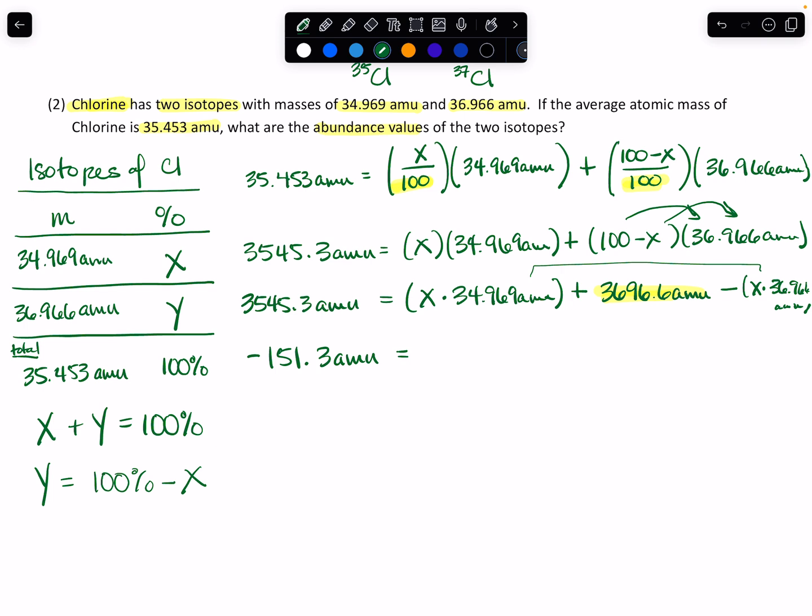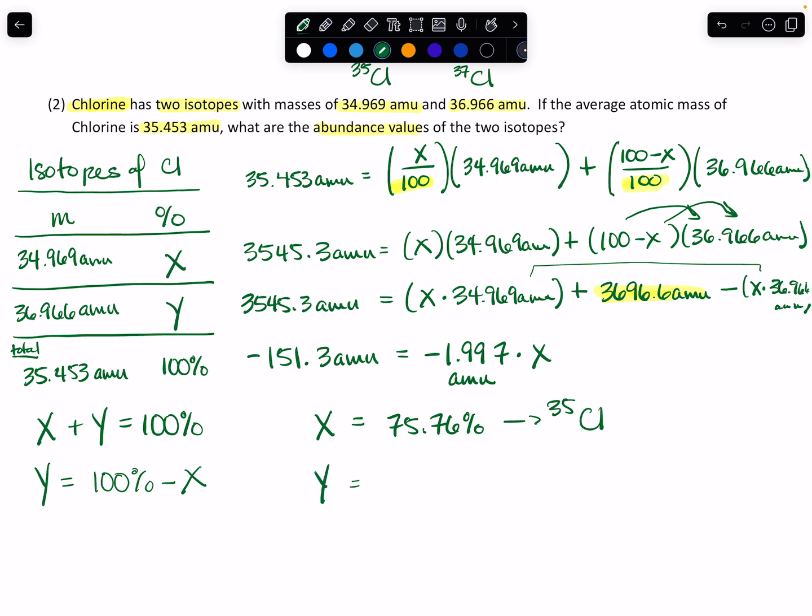And when I add 34.969 and negative 36.966, I get negative 1.997 times X. Actually, this should be AMUs, sorry. Now I need to divide both sides by negative 1.997, and I find that X is equal to 75.76%. And we said before that X is the abundance of chlorine-35.